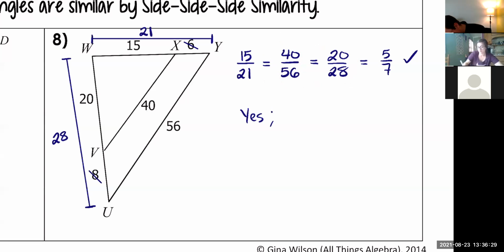For that, we would then make the statement that triangle, this one's kind of hard to see, the little one is WVX is similar to triangle WUY.